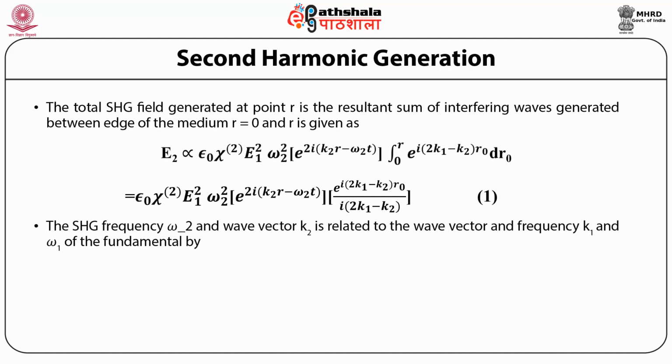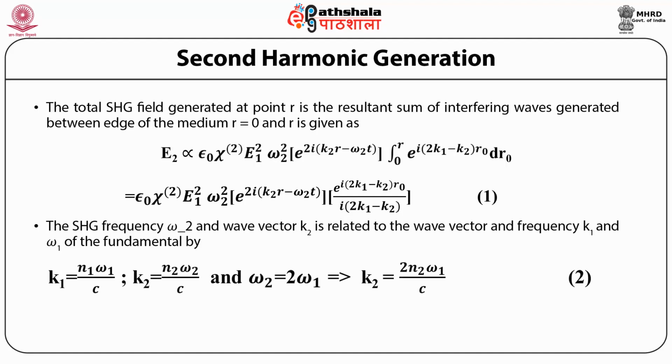The second harmonic generation frequency omega 2 and wave vector K2 is related to the wave vector and frequency K1 and omega 1 of the fundamental by K1 is equal to N1 omega 1 divided by C, K2 is equal to N2 omega 2 divided by C, and omega 2 is equal to 2 omega 1.